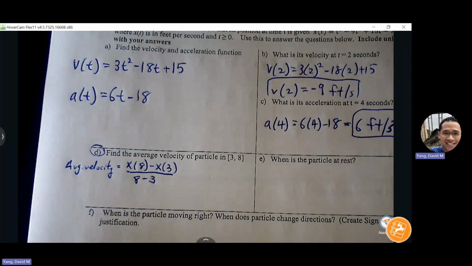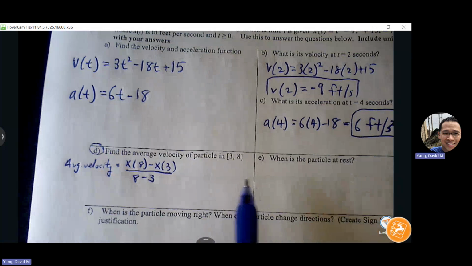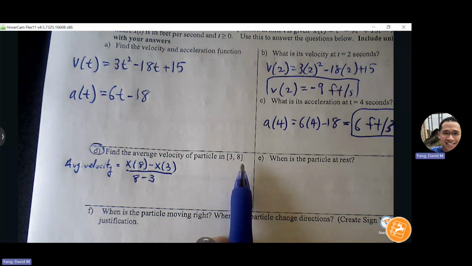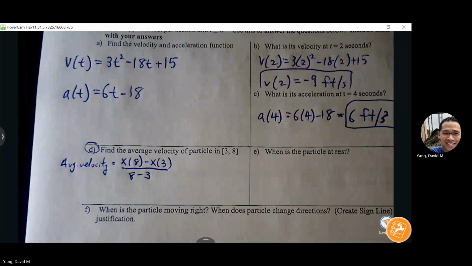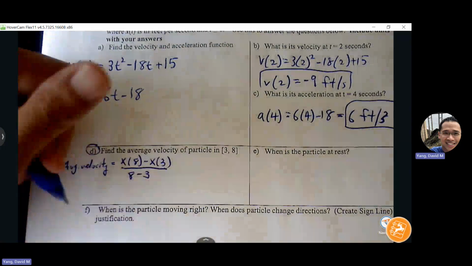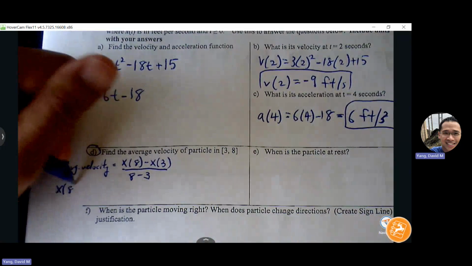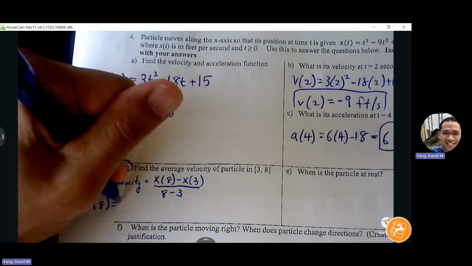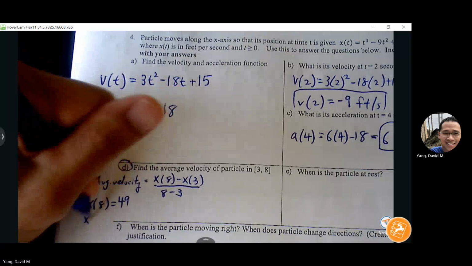Oh, so you always put the bigger number up in front? You don't have to. I like to do x of 2 minus x of 1 divided by 2 minus 1. You can do x of 3 minus x of 8, but if you do that, you've got to do 3 minus 8 below. But you'll get the same thing. I know these numbers are a little hard to get to, but it'll be easier on the quiz. x of 8 just means I'm inserting 8 in for all the t's. That value ends up being 49.